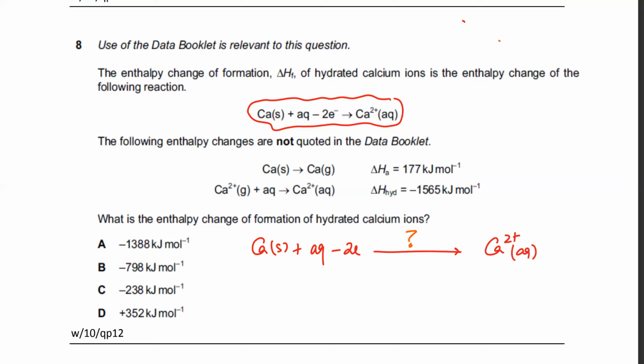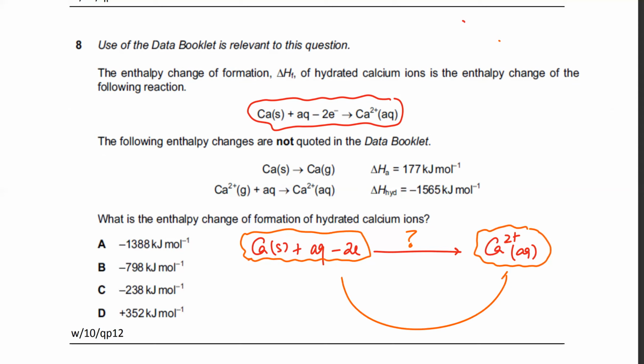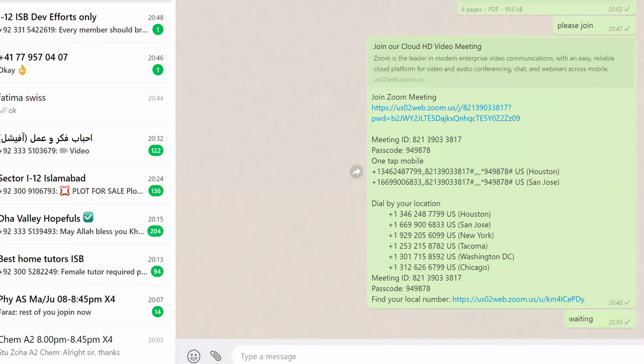So the rule is that no matter what path is taken, the enthalpy change would be exactly the same. So if you start at this point and you're trying to reach the other point, you could have taken a completely other path, and the enthalpy change would have been exactly the same.